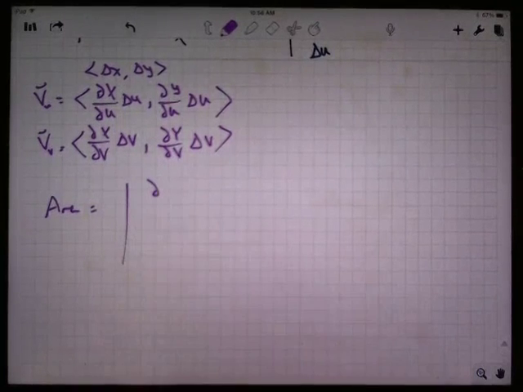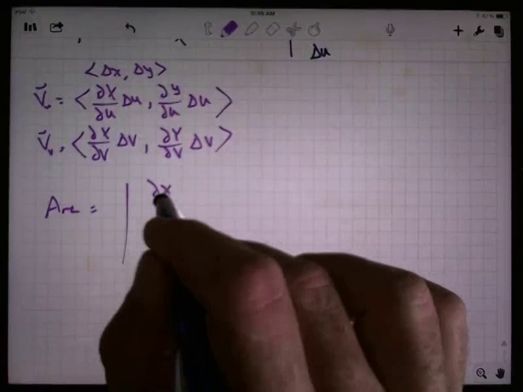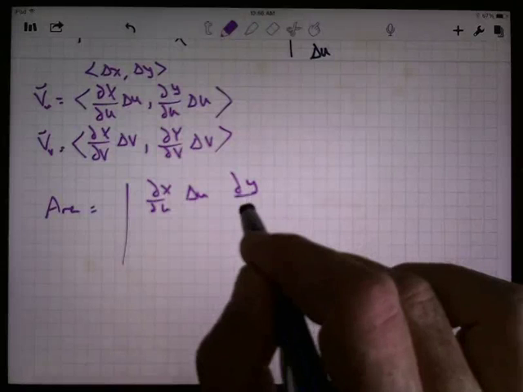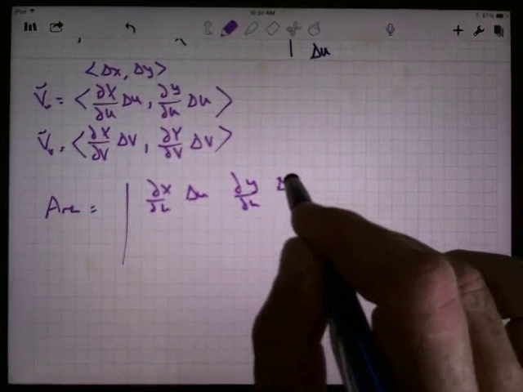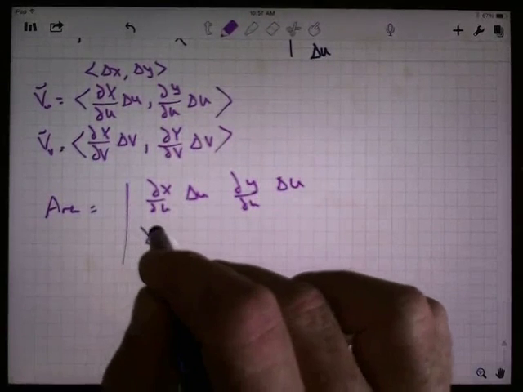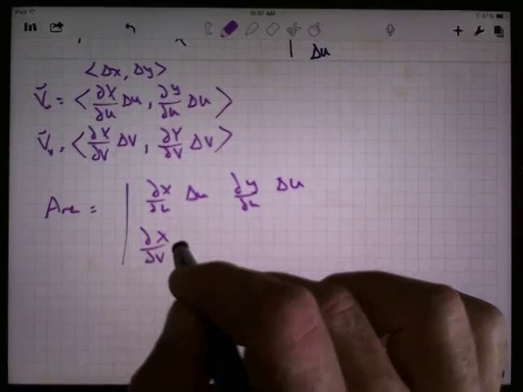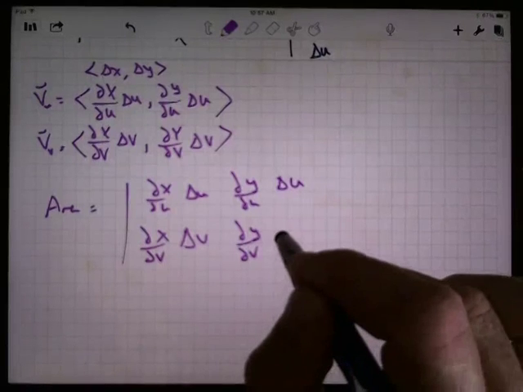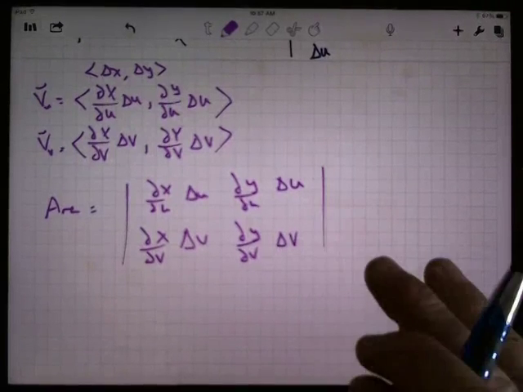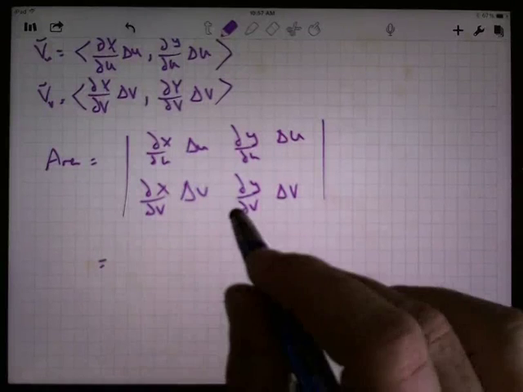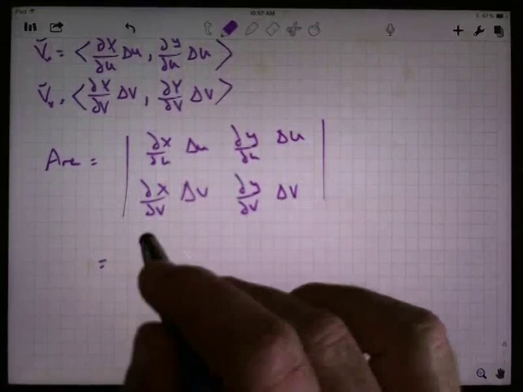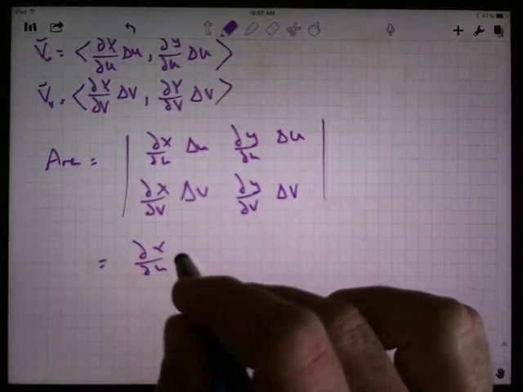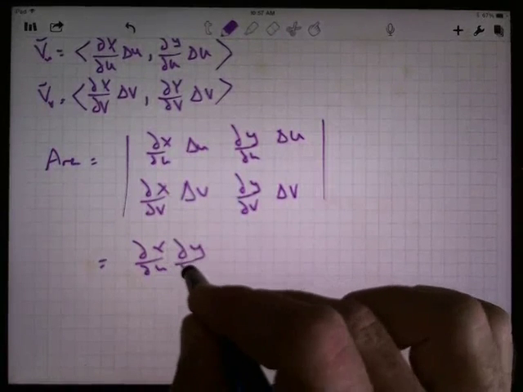So I've got partial x with respect to u times delta u, partial of y with respect to u, delta u, partial of x with respect to v, delta v, times the partial of y with respect to v, delta v. And when you do that, you get this minus that. So partial x, partial u, times partial y, partial v.